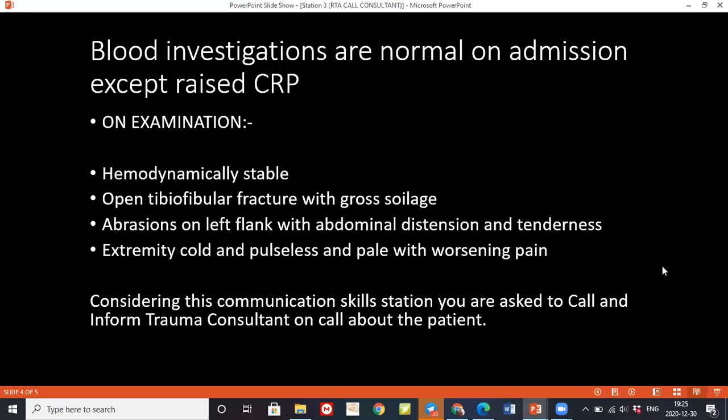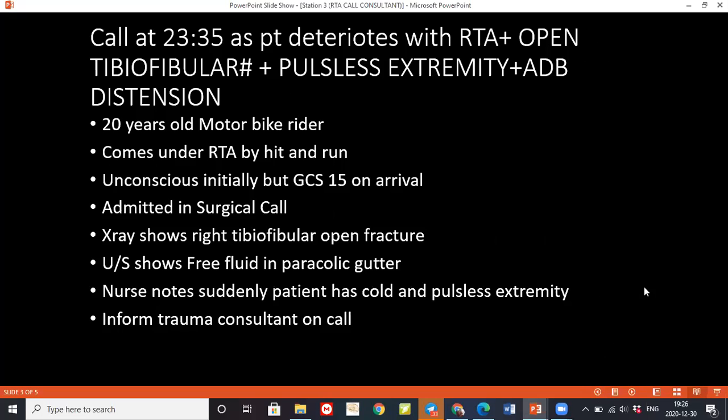Now you can read. Or I can go back and make you read the back one. Okay, should we start? 5 seconds, please. If you have read and understood, kindly begin your station.